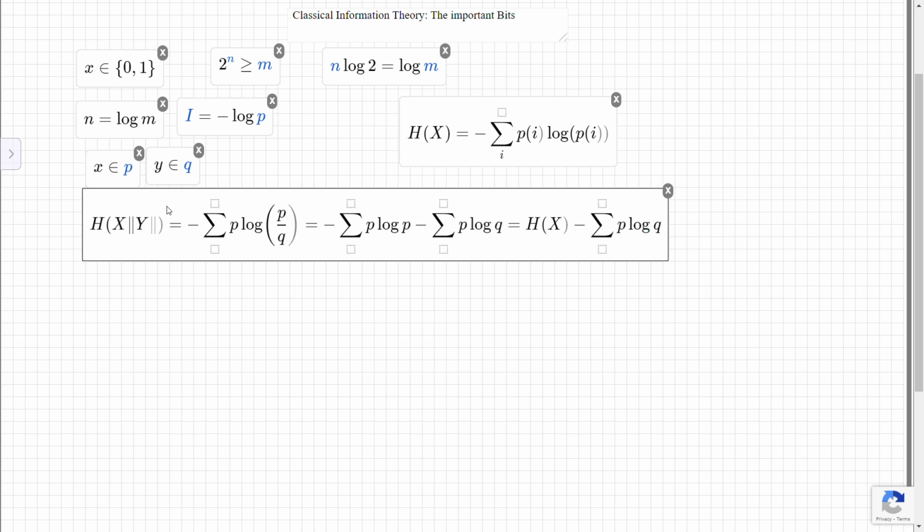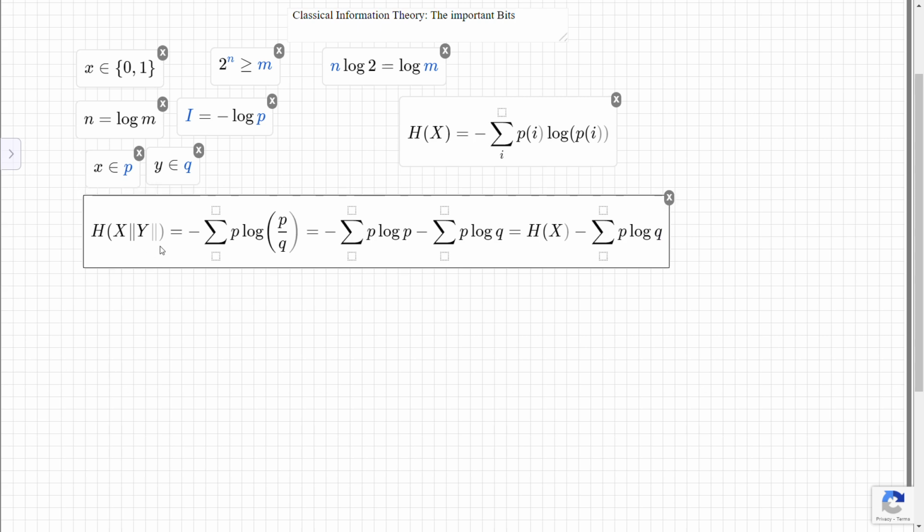Okay, so this is the relative entropy of x with respect to y, which is the entropy of x minus this expression, sum over p log q, where q is the distribution for y and p is the distribution for x.